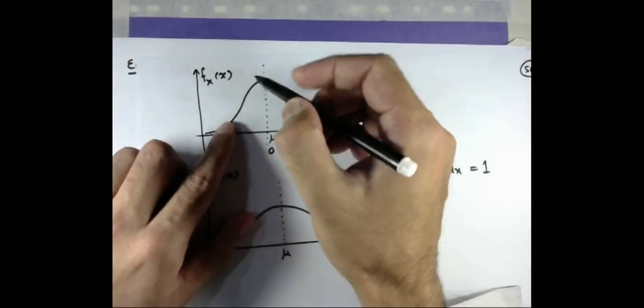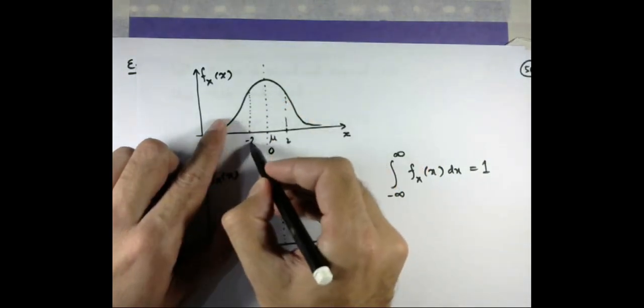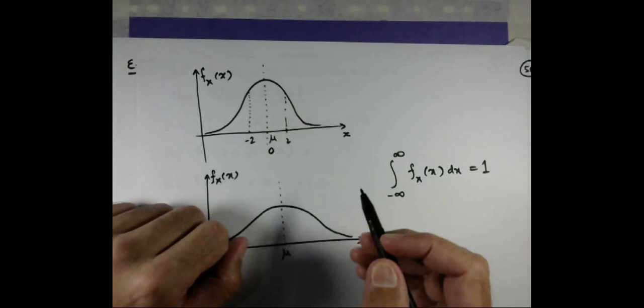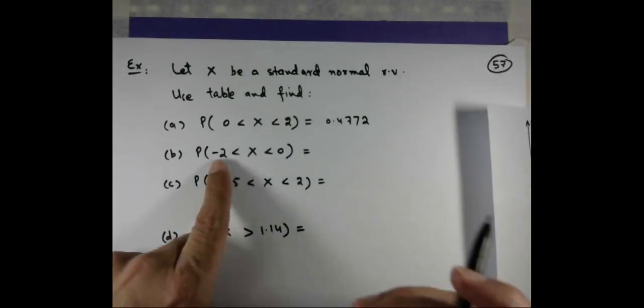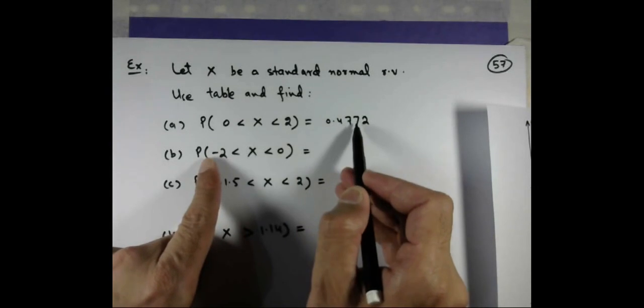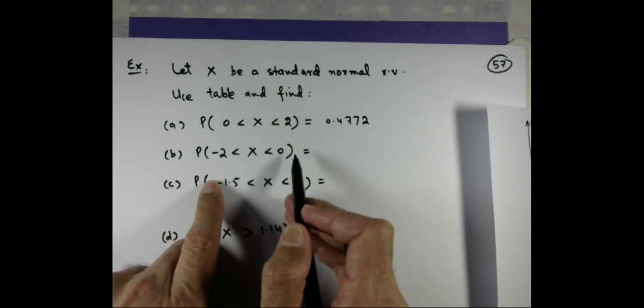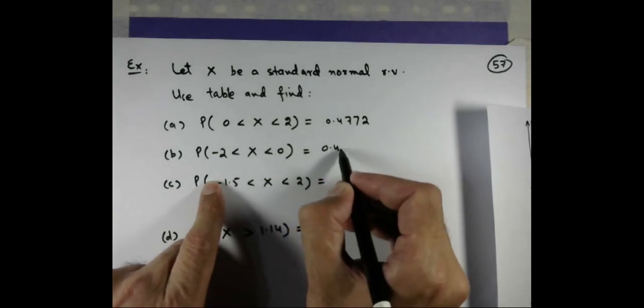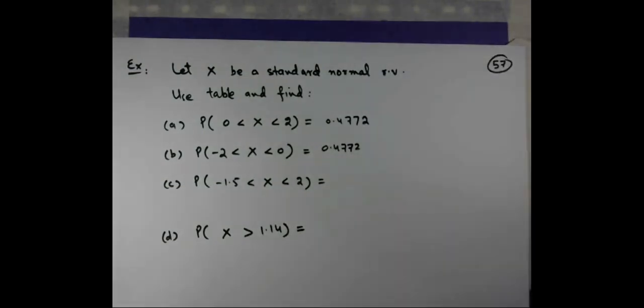Because of the symmetry, we automatically know that from -2 to 0 it is exactly the same. So now the probability from 0 to 2 is 0.4772. The probability from -2 to 0 because of symmetry is also 0.4772. So you see the strength of the symmetry.